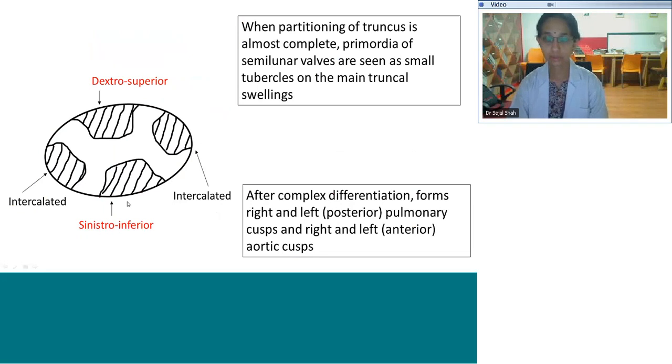Now, these two tubercles are going to undergo complex differentiation, and they finally give rise to a part of the cusps of the semilunar valves. They give rise to the right and the left pulmonary cusps and right and left aortic cusps.